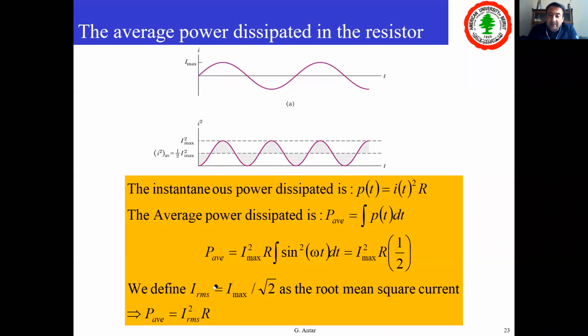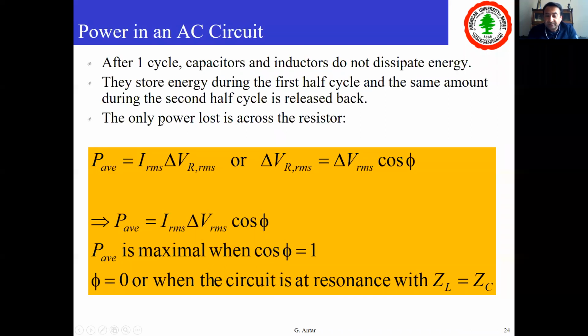We define I RMS as equal to I max divided by square root of 2, such that the average power dissipated is now I RMS squared multiplied by R. This definition of the RMS can also be related to delta V: delta V RMS is equal to delta V max divided by the square root of 2.